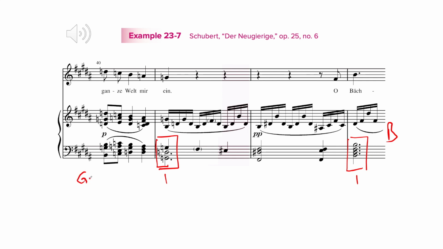It begins in G major with I6, and after that we have II6, and here a cadential 6-4, V7, and I. So until this point everything is as usual, but here something happens.